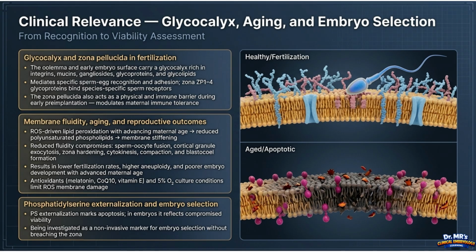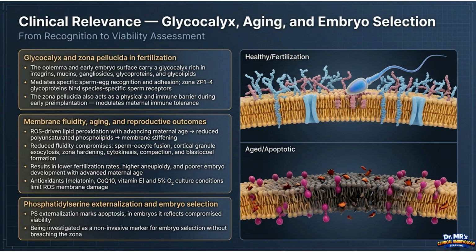At fertilization, this glycocalyx mediates the species-specific recognition between sperm and egg. The zona pellucida glycoproteins 1 through 4 are the primary mediators, with zona pellucida 3 and 4 being the principal sperm-binding ligands.